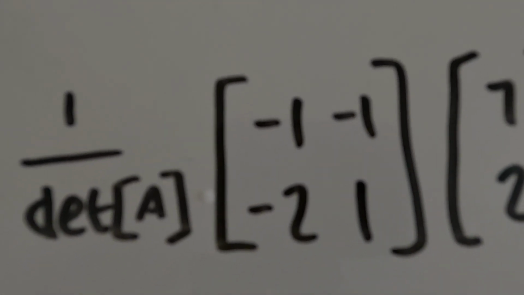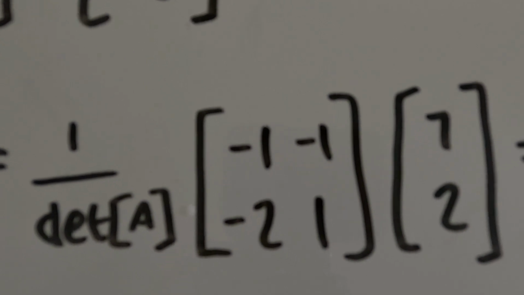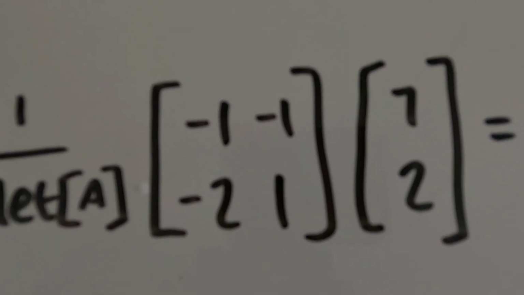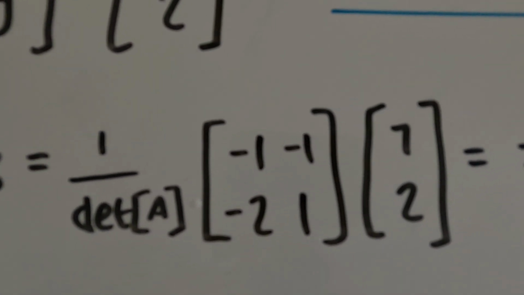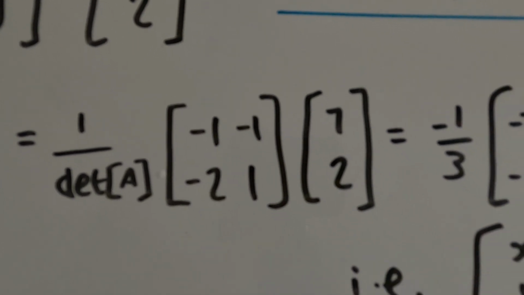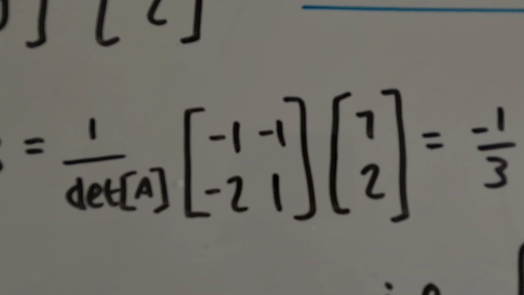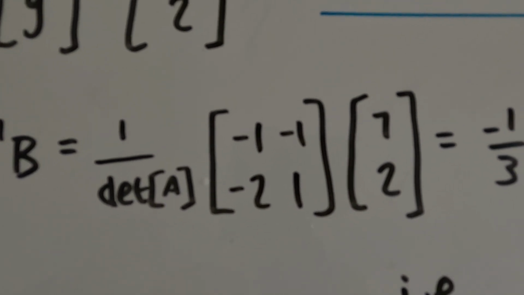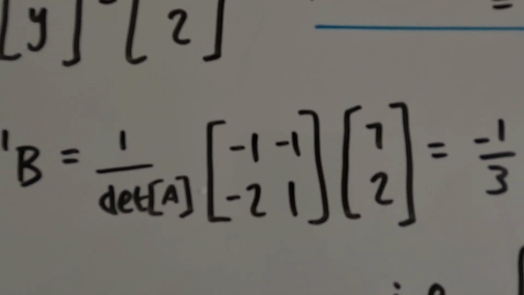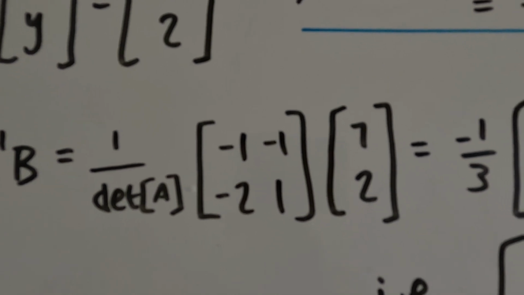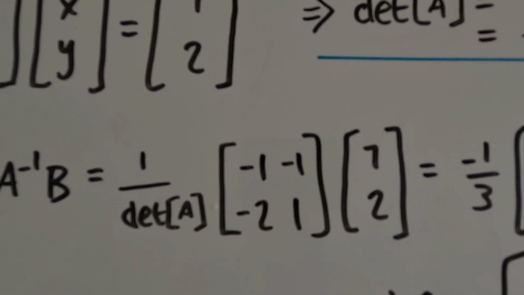So that becomes that. So 1 over the determinant times that times 7, 2. And because we're multiplying a 2 by 2 matrix by a 2 by 1 column vector, we're going to end up with a 2 by 1 column vector, which will be the solution to our system.